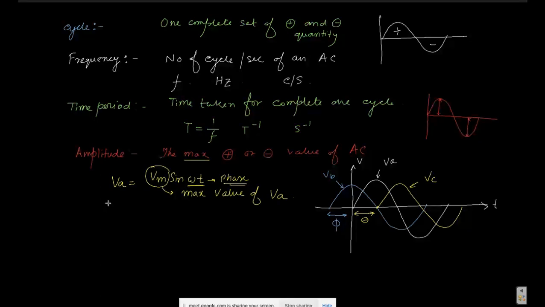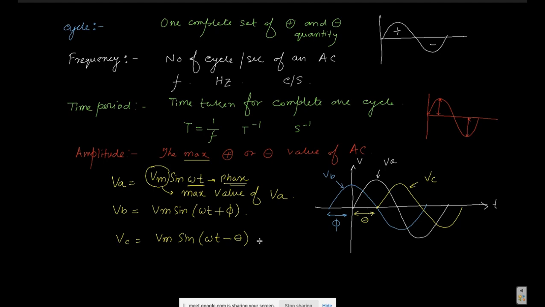Okay. So how can you represent VB? VB is Vm sin(omega t plus phi). And what is VC? VC is Vm sin(omega t minus theta). Everybody should know this part.